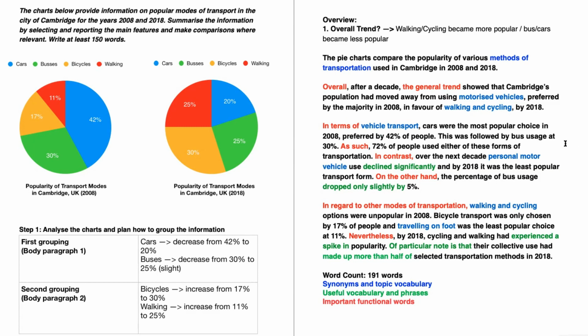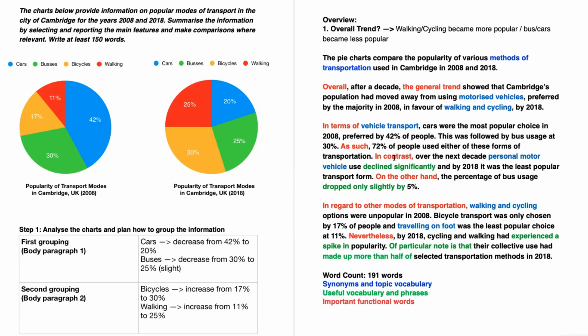This was followed by bus usage at 30%, which was exactly what we saw in the green here. As such, 72% of people used either of these forms of transportation. So I've gone ahead and combined these two. I say that 30 and 42 is 72%. And so most people used one or the other because 72% is over half.